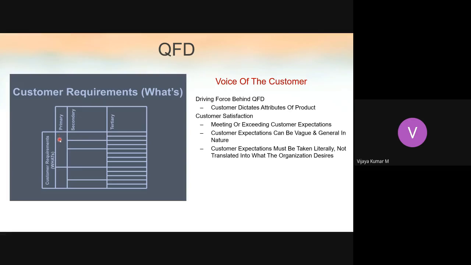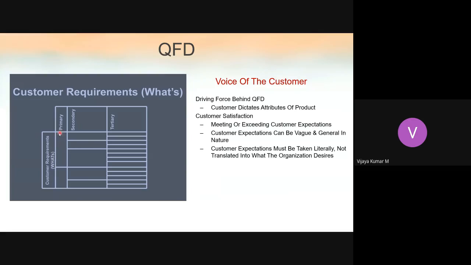When the customer is very specific, he may mention that my product should have a confidence level of 95%, something like that, meaning my product should have an error of only 0.05%.